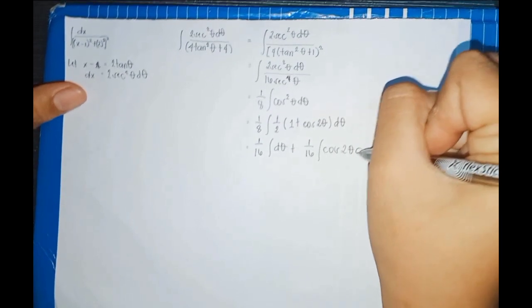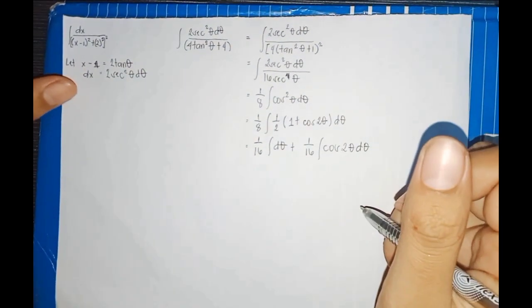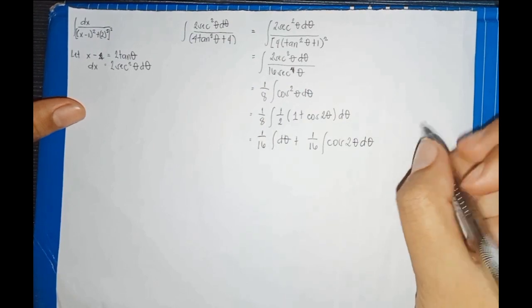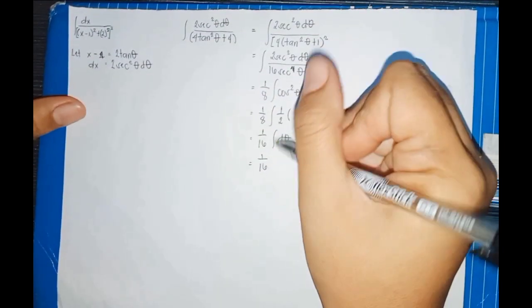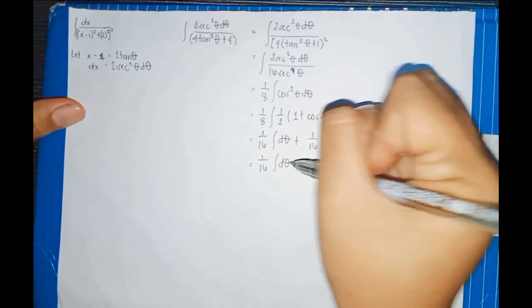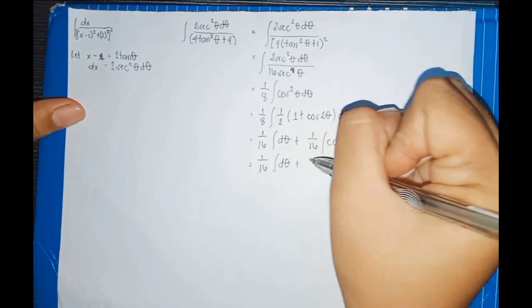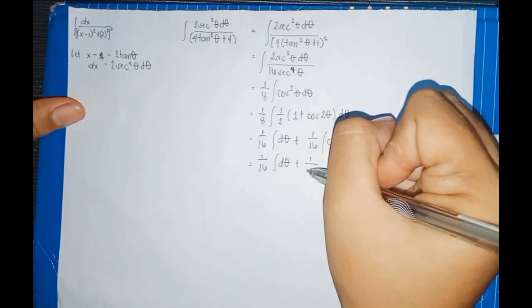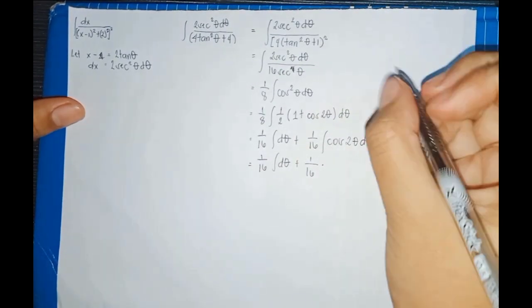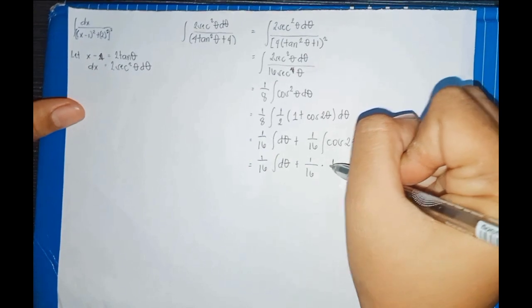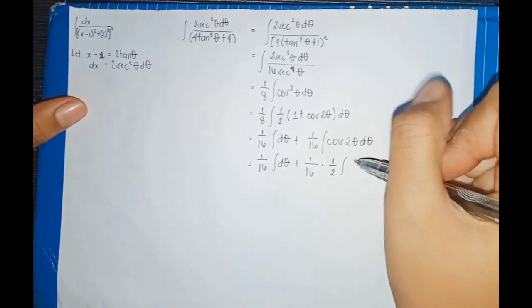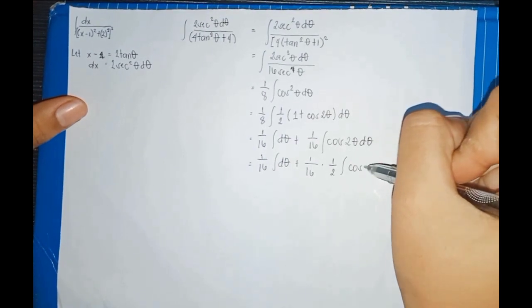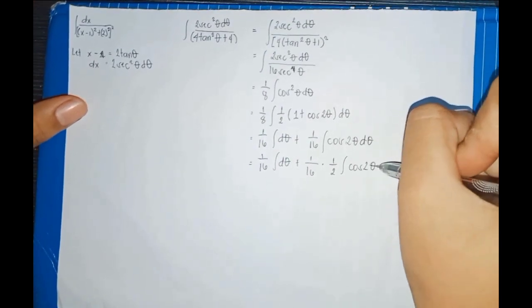cos 2 theta d theta. Okay, so the next thing that will happen will be 1 over 16 d theta plus 1 over 16 times 1/2 cos 2 theta.